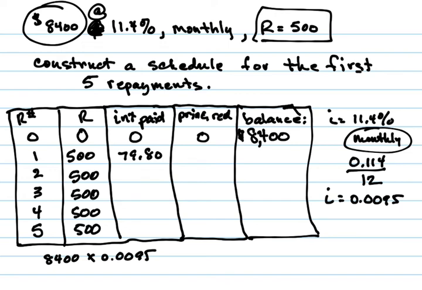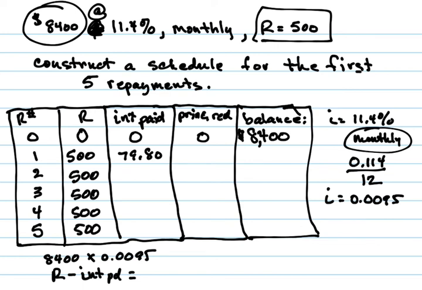Okay? Now, we need to see how much that reduced my principal. So what was the principal reduction? What I'm going to do is take R minus that interest paid. And that's going to tell me how much principal reduction I got out of my payment, right? Because not all of your $500 is going to go to reducing the principal. Some of it's going to be used to pay interest, okay?